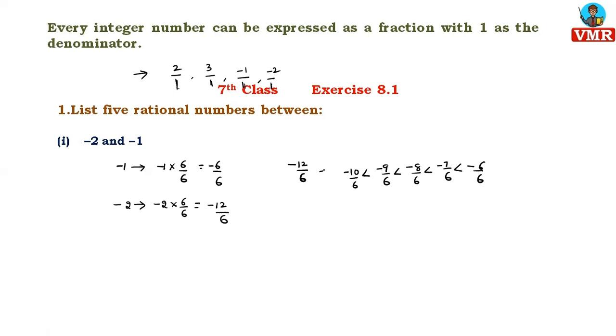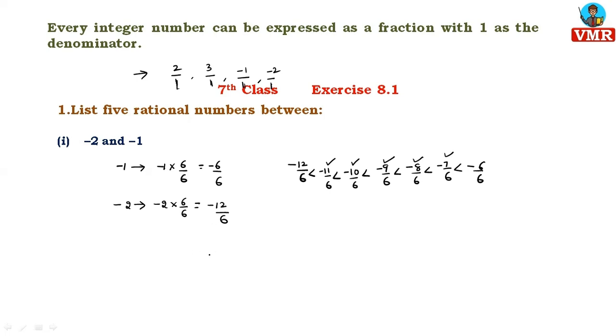And minus 11 by 6 is less than minus 10 by 6, and minus 12 by 6 is less than minus 11 by 6. So in between minus 12 by 6 and minus 6 by 6, there are 5 rational numbers: 1, 2, 3, 4, 5.